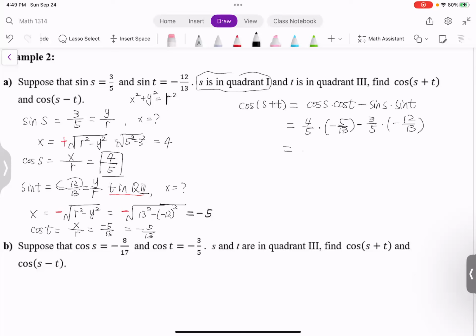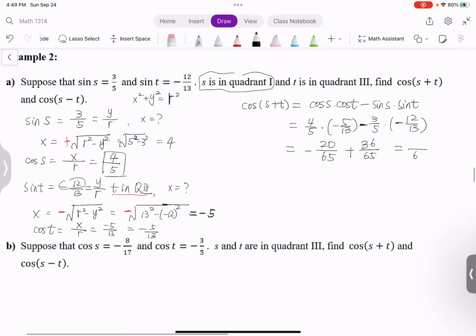Let's simplify the expression. It's negative 20/65, and then plus, because here is minus, 36/65. What is the addition? We have positive 16/65. This is a solution.